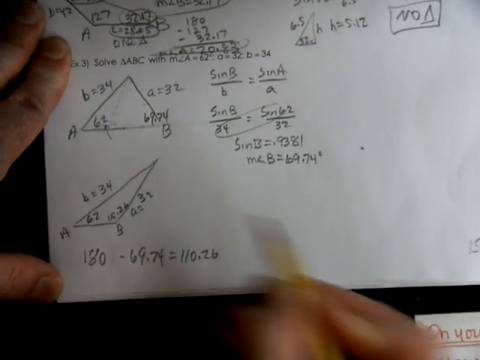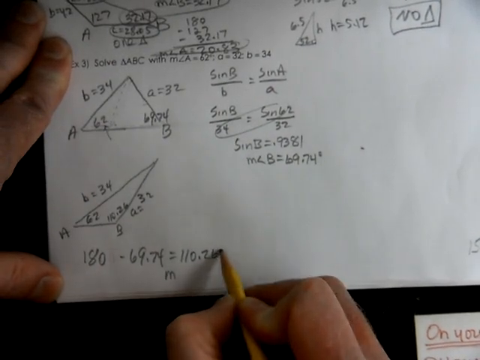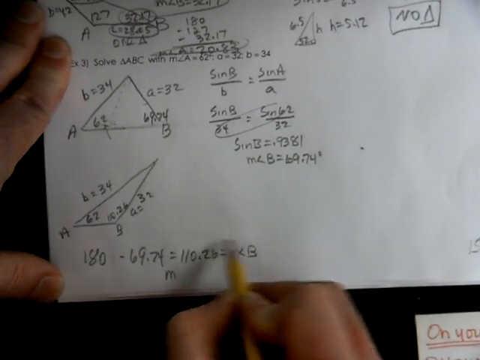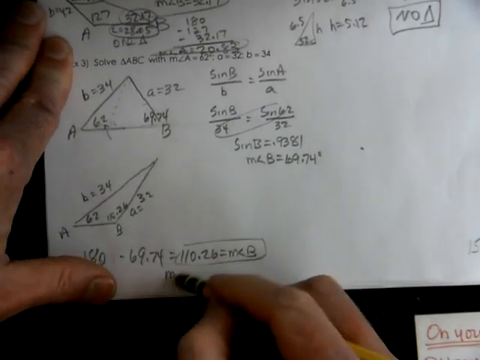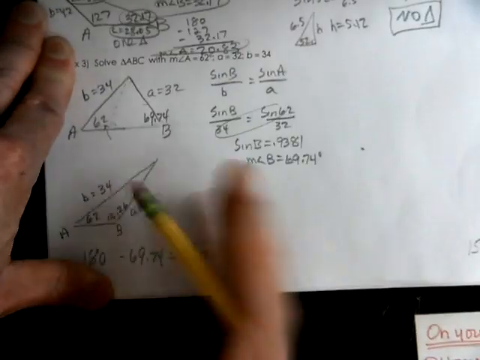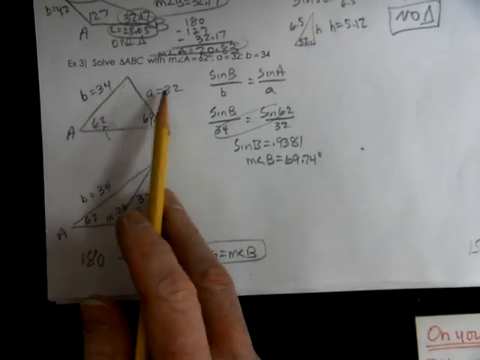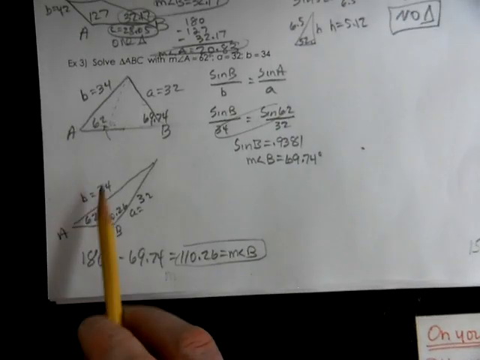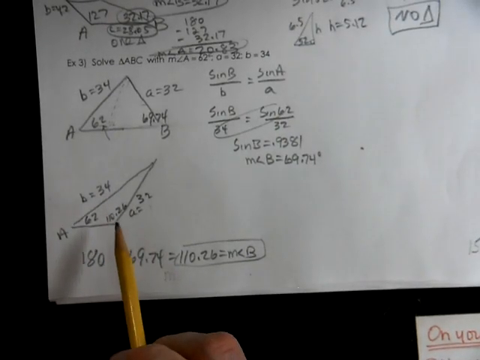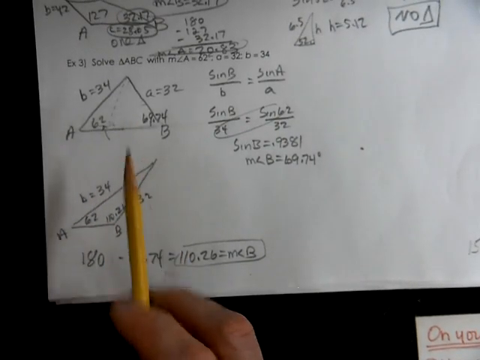So that is the measurement of angle B of this second triangle, right? So now we have two triangles. We have two sides and two angles, two sides and two angles, and now we can find C for both triangles.